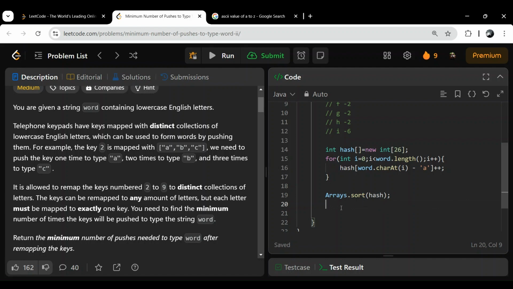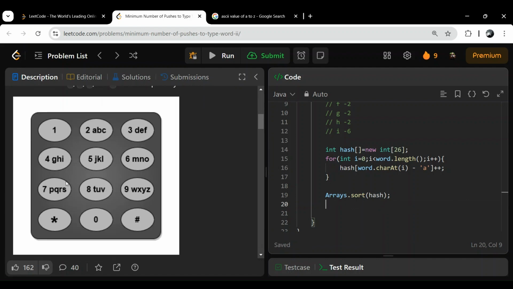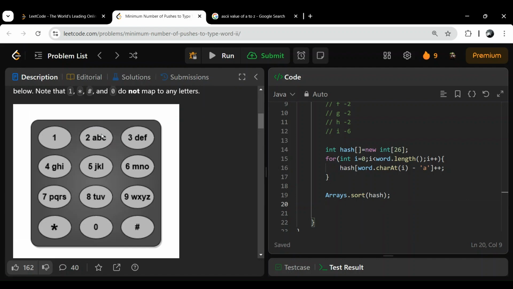Okay, so before that, how will we do the numbering? First 8 characters, the first greatest values, we will multiply with 1. Then the next 8 characters we will multiply with 2, because they will be placed at the second place, and the next 8 characters we will multiply with 3, as they are placed on the third place.